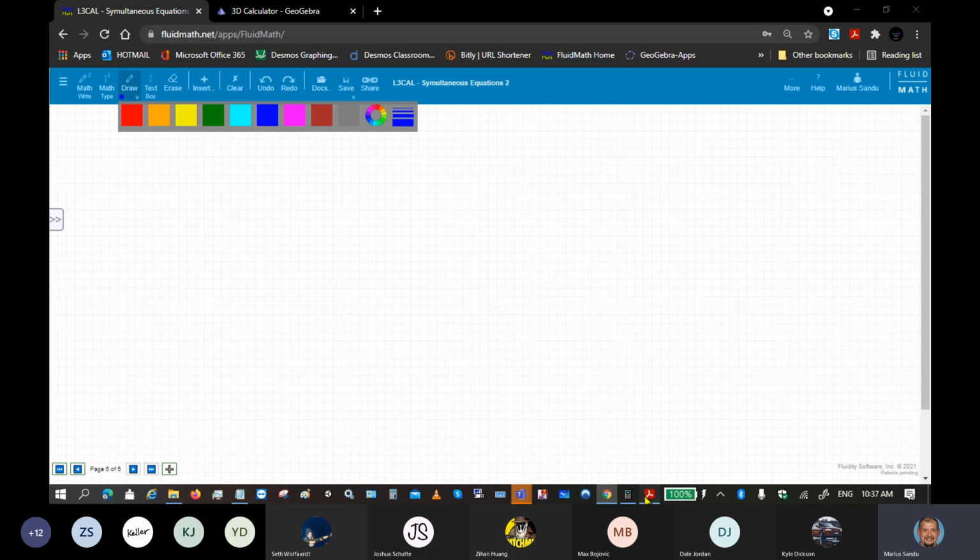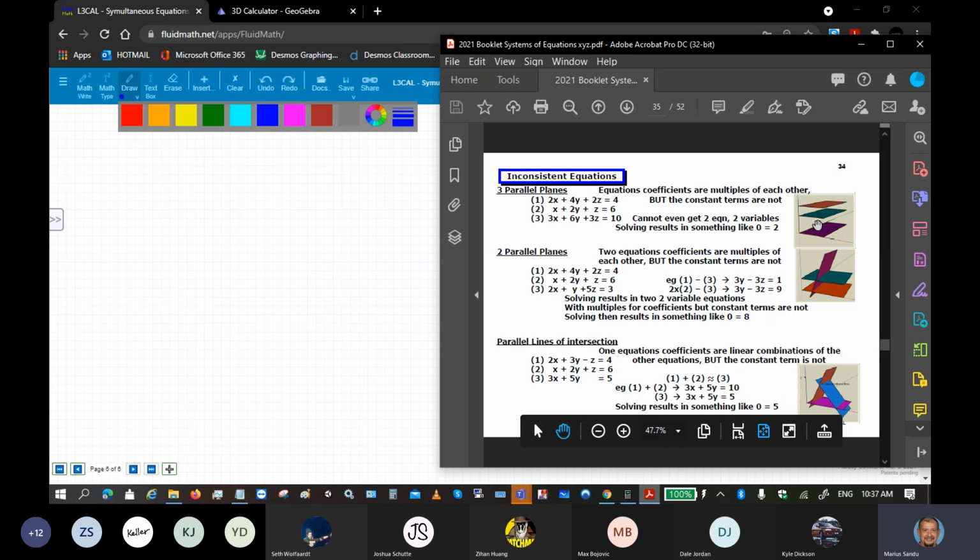The inconsistent scenarios are two parallel planes cut by the third, and three planes intersecting like a tent.